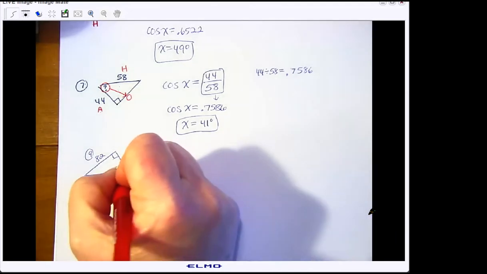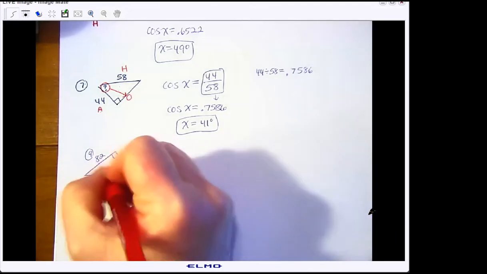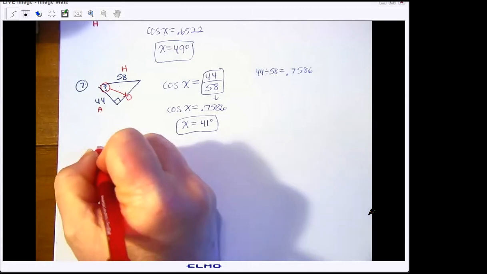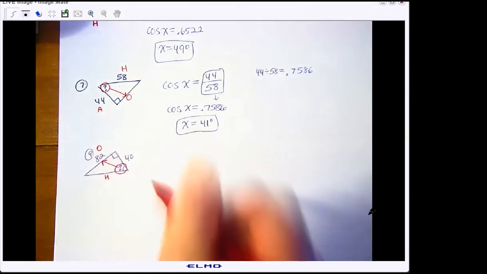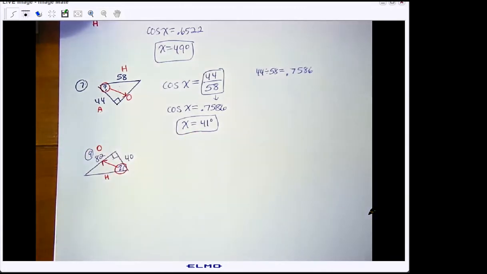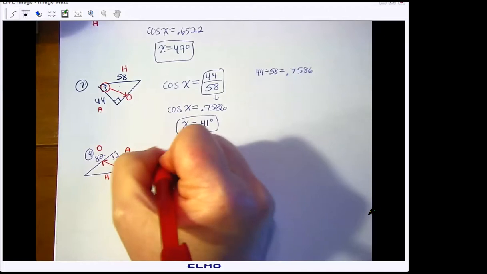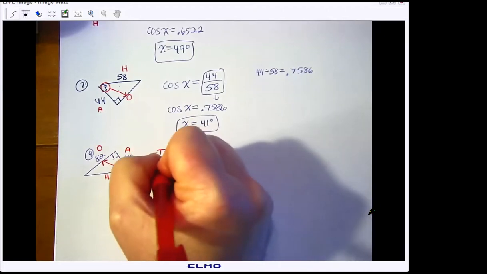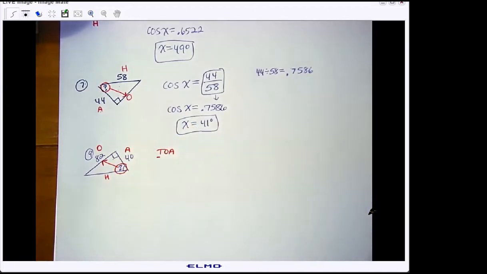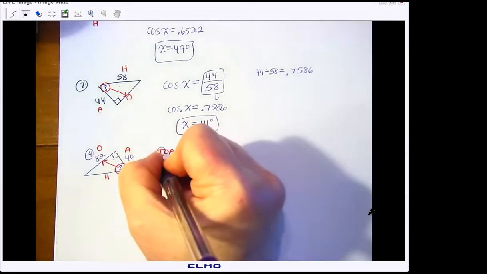So here's my angle. This one would be my opposite, although it does kind of look like it might be a hypotenuse, but it's not. Okay, good, Brandon. And then this would be my A. So we're going to use TOA. SOH CAH TOA. TOA is for tangent.